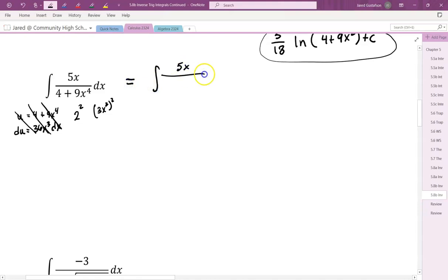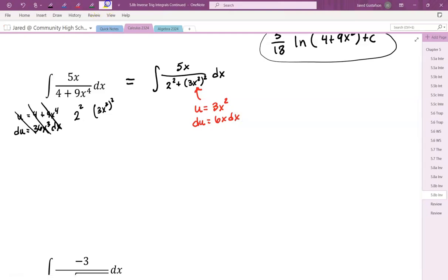Let's try it out. Integral 5x over 2 squared plus 3x squared squared dx. If I call this 3x squared u, then du will be 6x dx, and that takes care of our x dx problem right there.